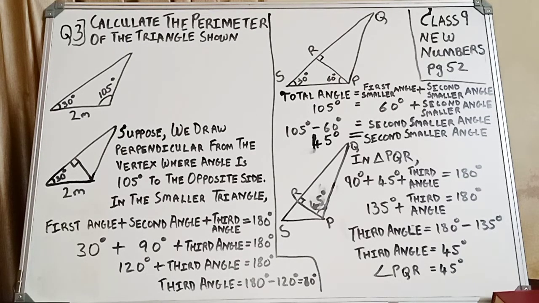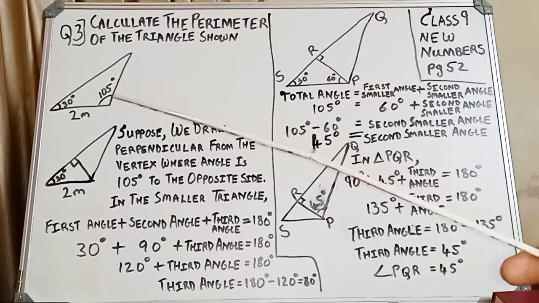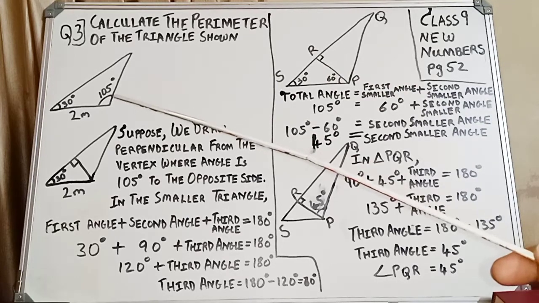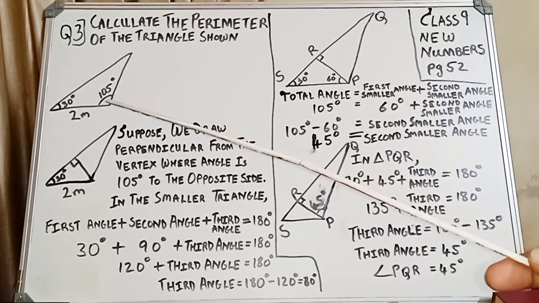Now we have got this small angle as 60 degree. So we have two angles with measurements: this is 60 degree, this is 30 degree, and since this is a perpendicular, this is 90 degree. Now we were already given in the question that the total angle is 105.